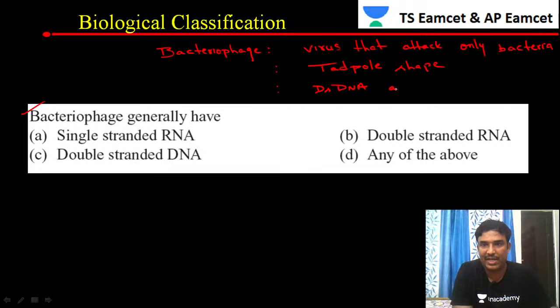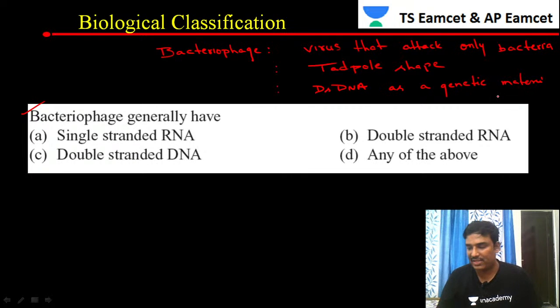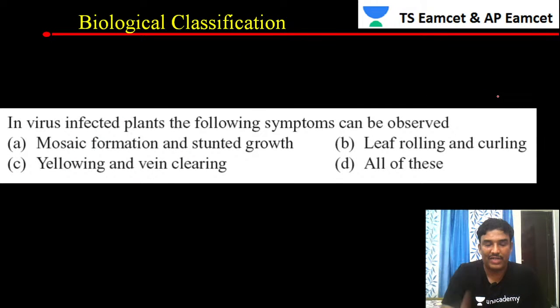Yes, very good, Komla. C is the right answer. So bacteriophage is a virus particle that attacks only bacteria, it has a tadpole shape, and it has double strand DNA. Now let's move to the next question.